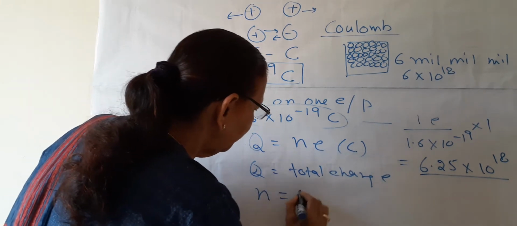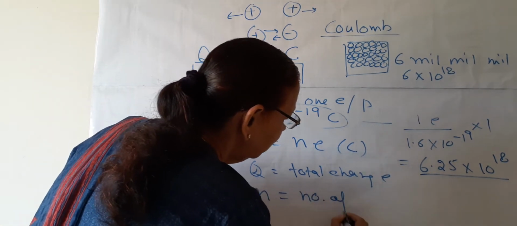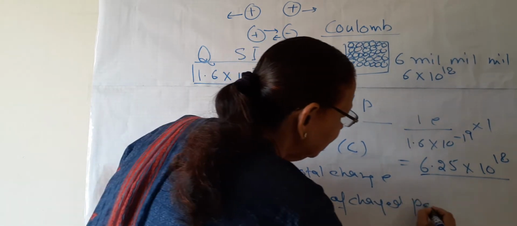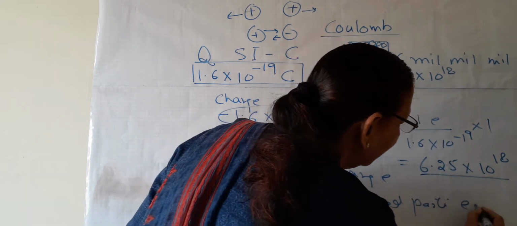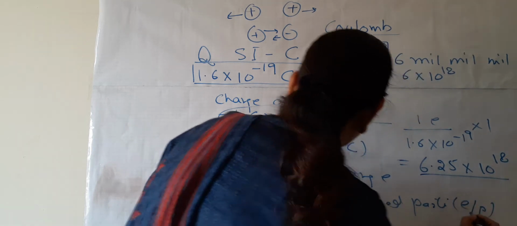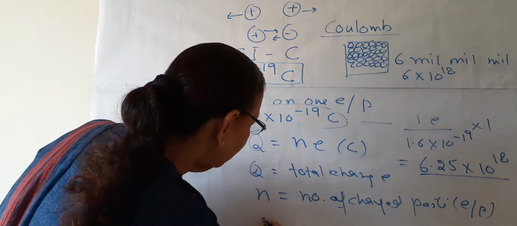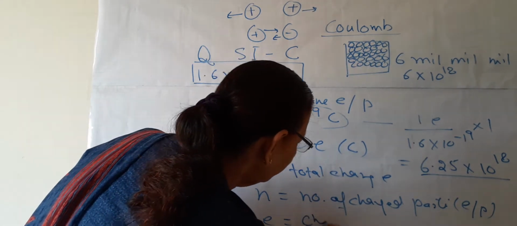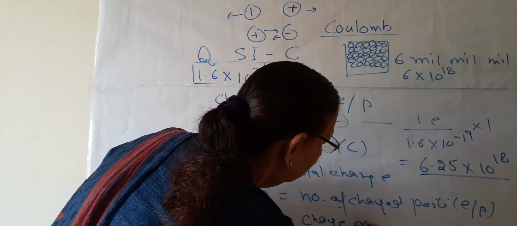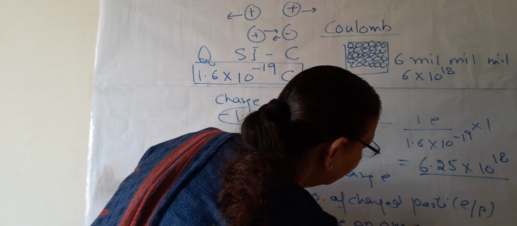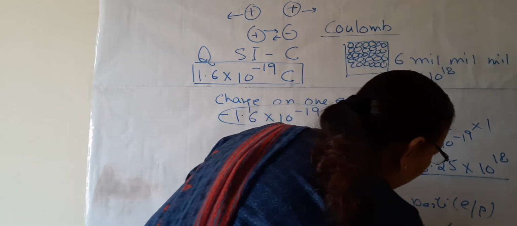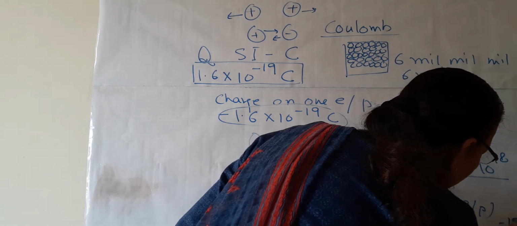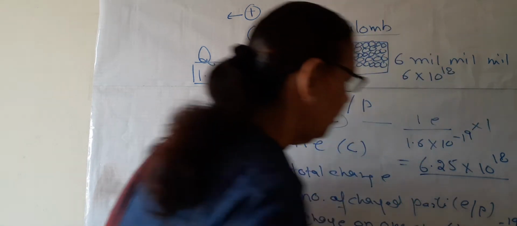N is equal to the number of charged particles, it may be electron or proton, and E is the charge on 1 electron or proton, and that is 1.6 into 10 raised to power minus 19 coulomb.